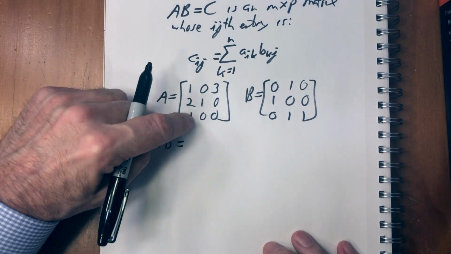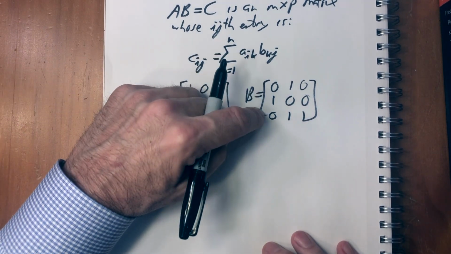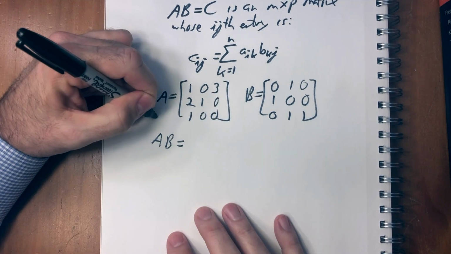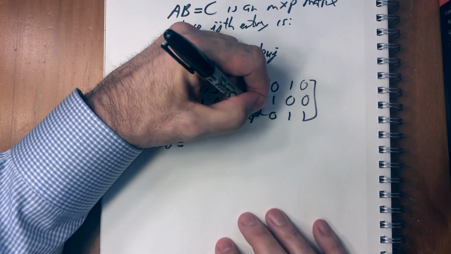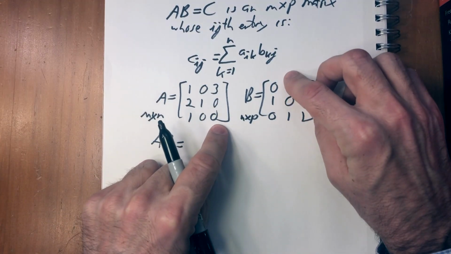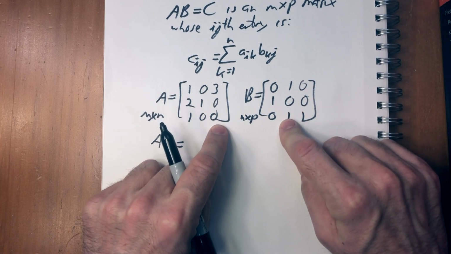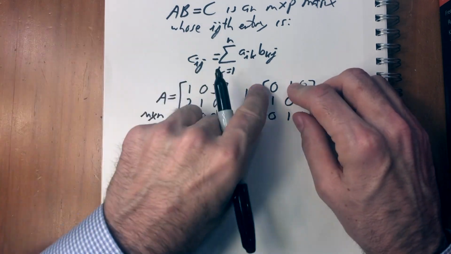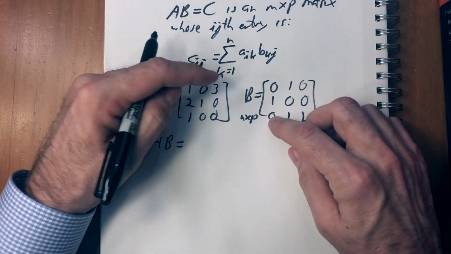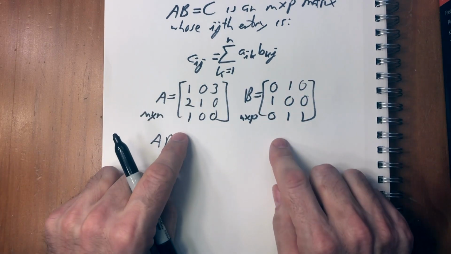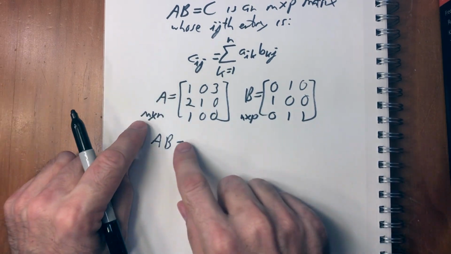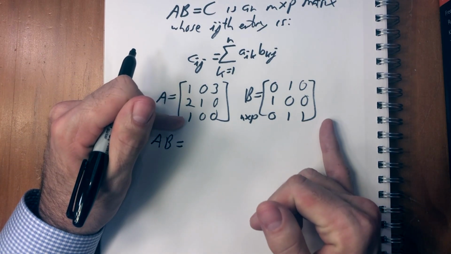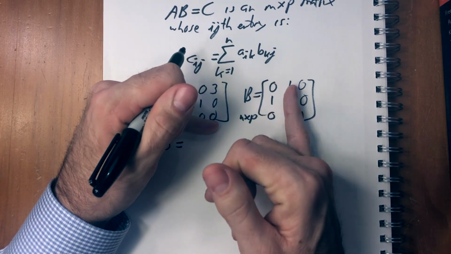So this is M by N, and this is N by P. In order for multiplication to work, the columns in A have to be the same as the rows in B, because we're taking the dot product of this vector and this vector to come up with the entries for the new matrix. The new matrix has size M by P because we're doing it 3 times down and 3 times across. So there's 3 and 3, okay?